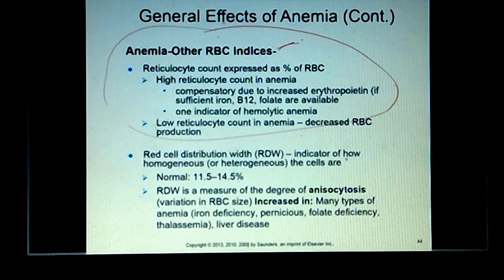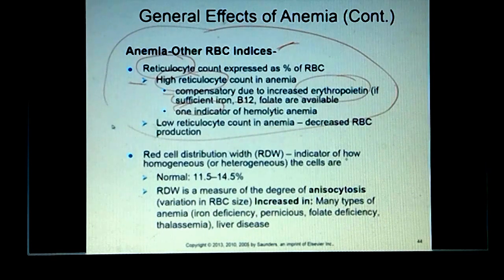But you would have some assumptions that you'd need to make along with that. With that erythropoietin, you needed sufficient iron, you needed sufficient B12, folate, etc. If you have a high reticulocyte count and there's anemia, that could be an indicator of hemolytic anemia. Again, did you make them not well enough or did you break them too much?